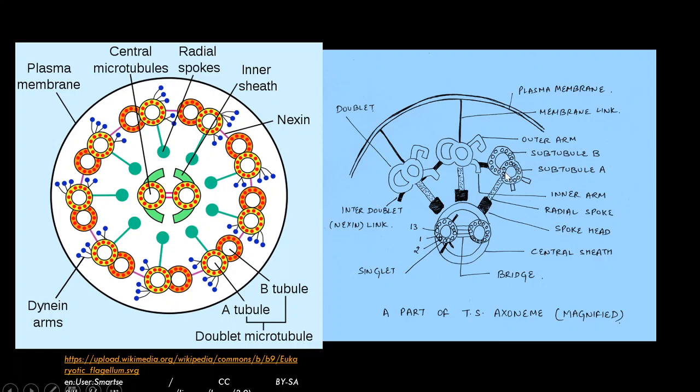Each doublet, as I explained, has 2 subtubules A and B, and each subtubule A will have dynein arms, the outer arm and the inner arm. These are further linked by a membrane link to the plasma membrane. So this is the transverse section of the axoneme or the axial filament, which is present both in the middle piece and the tail.